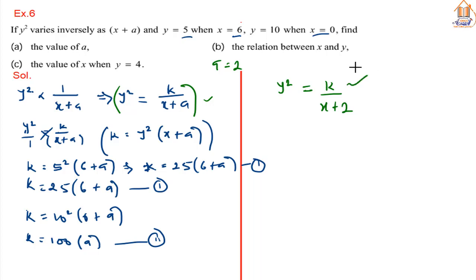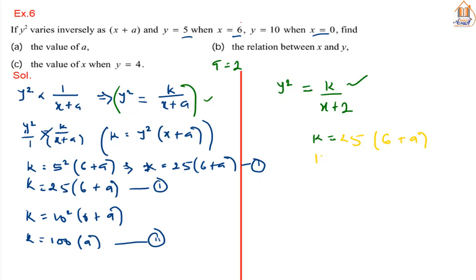How do we find the value of k? Let's go to equation 1. Since we know the value of a, equation 1 says that k is equal to 25 open bracket 6 plus a close bracket.